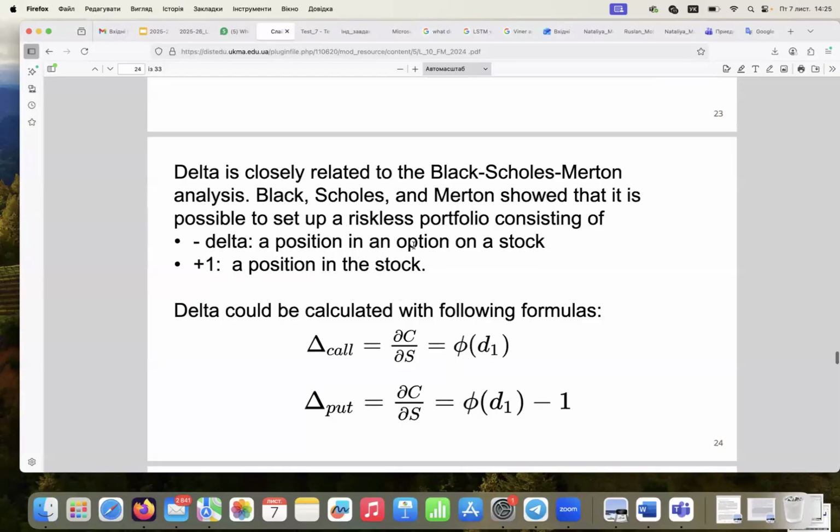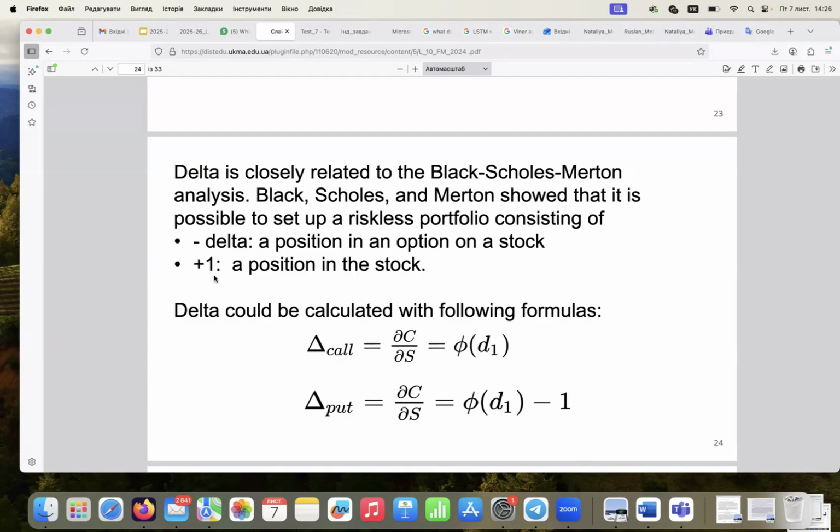According to the Black-Scholes model, we need to formulate a riskless portfolio consisting of the option and stock. So we need to have in our portfolio the option as well as stock, in this amount.